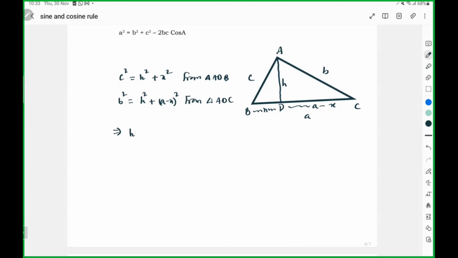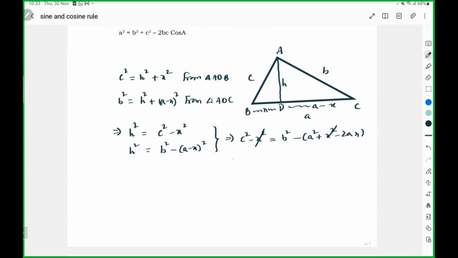From the first one, I can write H square. From the second one, I can write H square. From these two, B square minus C square, so minus X square gets canceled.